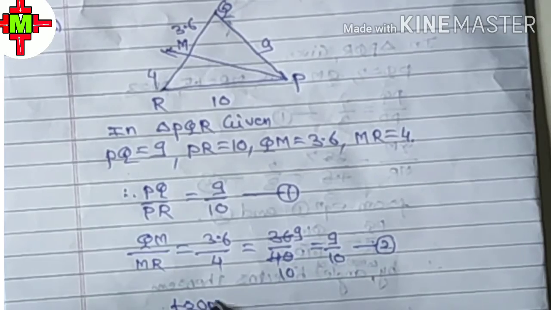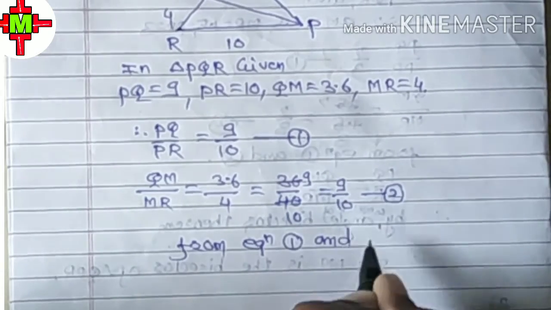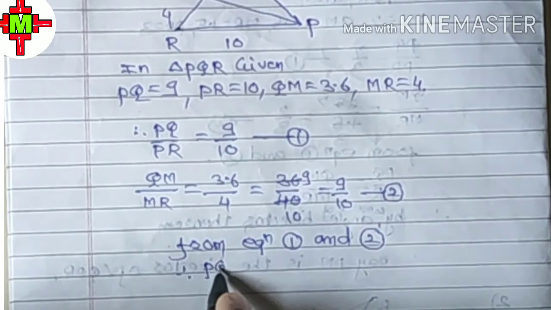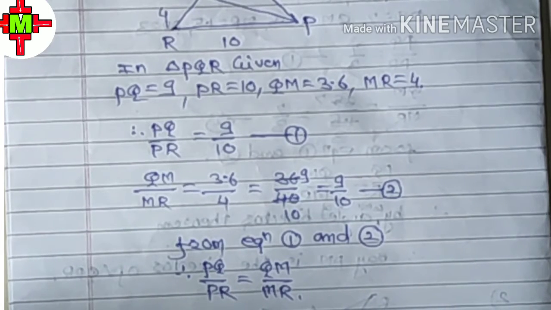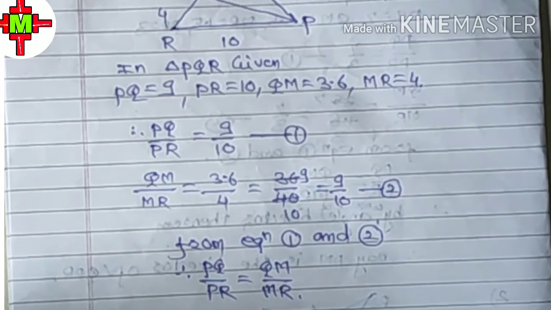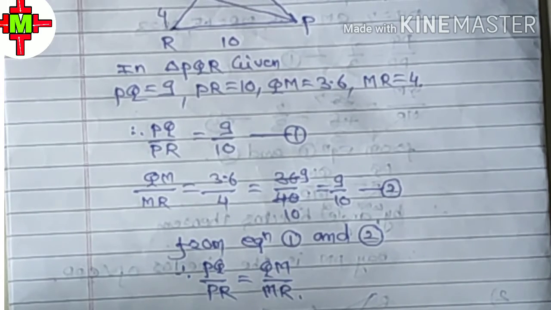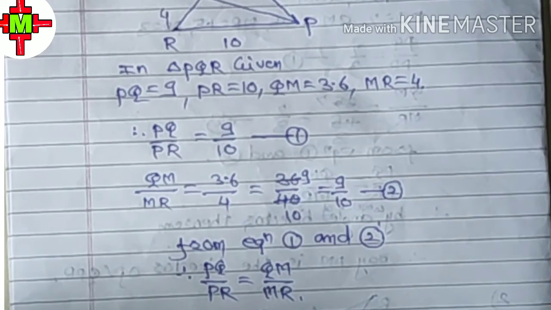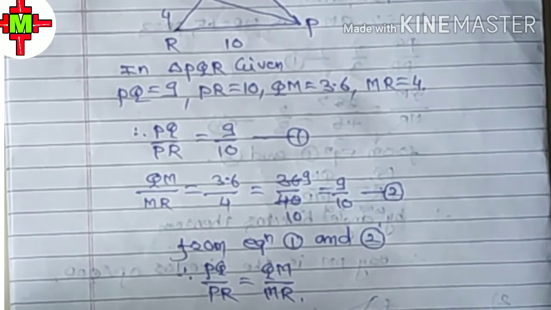Again from equation 1 and 2 we have PQ divided by PR is equal to QM divided by MR. Therefore, by converse of angle bisector theorem, ray PM is the bisector of angle QPR. This is the third example.